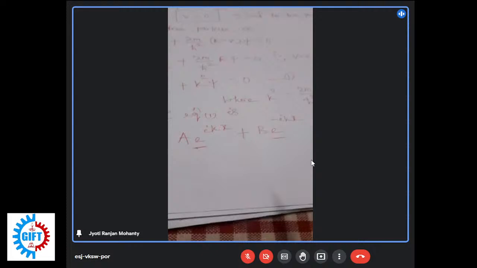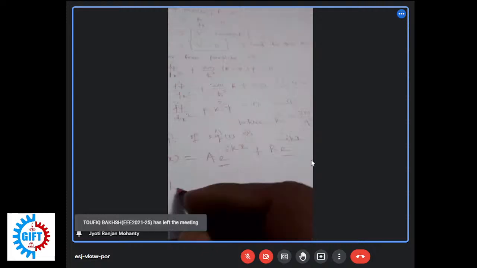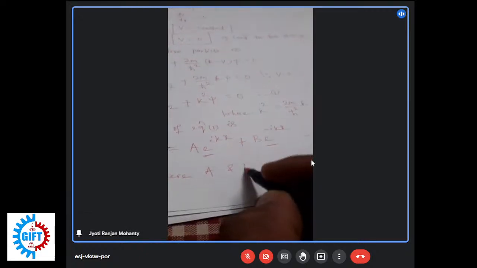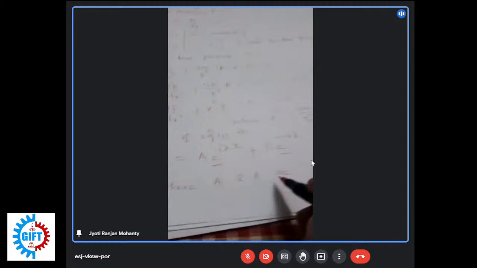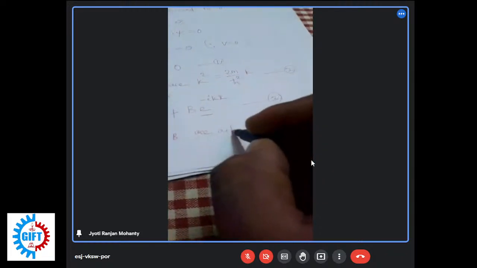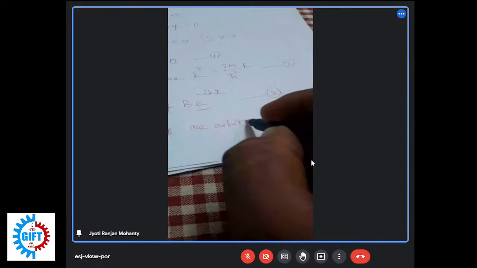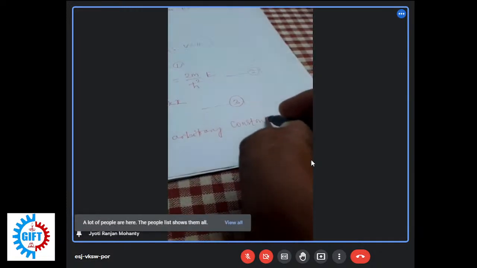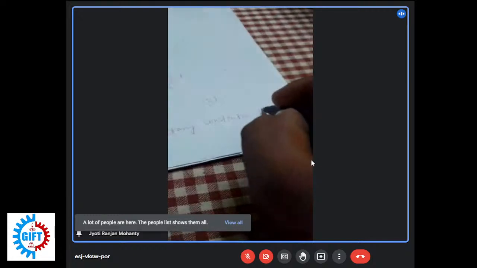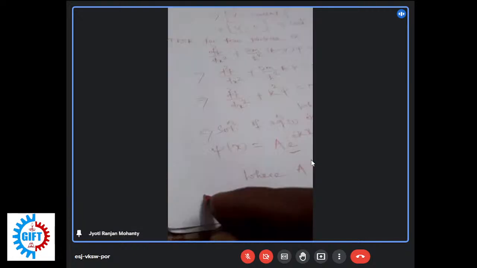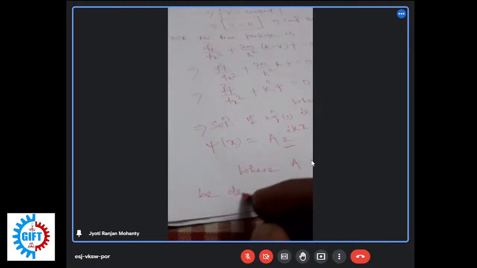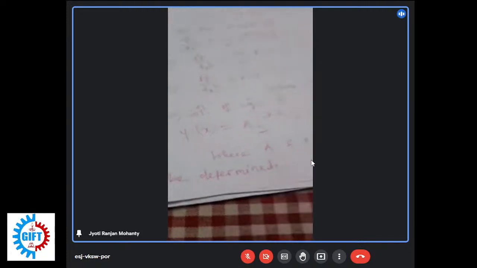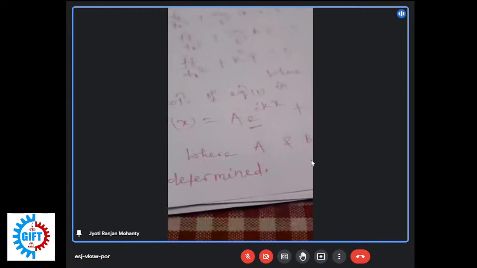This is the general solution, where note down A and B are arbitrary constants to be determined. These are the unknown arbitrary constants to be determined by using the boundary condition.